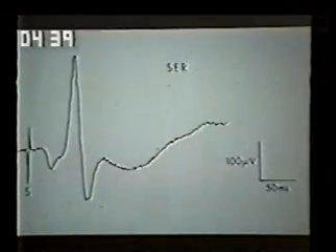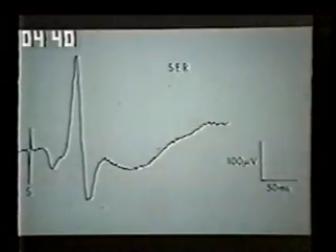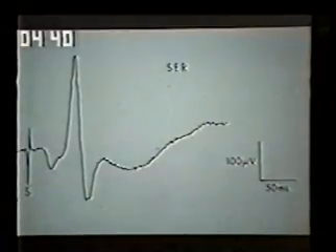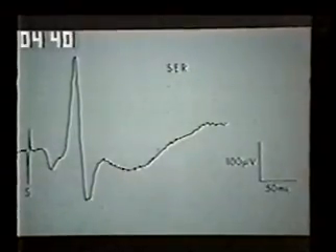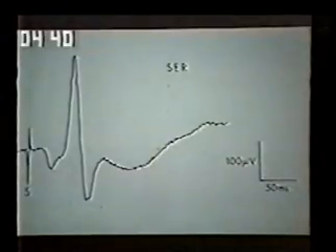And if you look at the gain, you can see that this is an enormously enhanced, even the first positive wave is some 50 microvolts, which is 5 times normal, and the succeeding negative wave at 38 to 45 is even bigger, but the overall configuration is relatively normal.